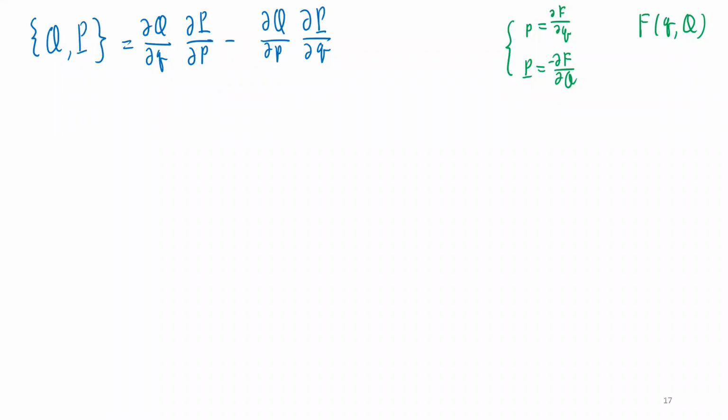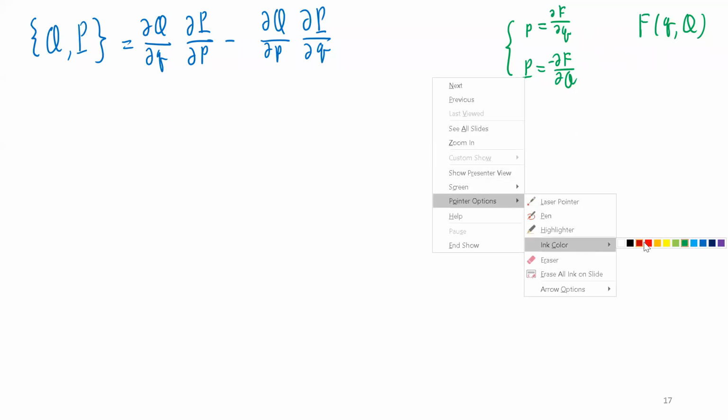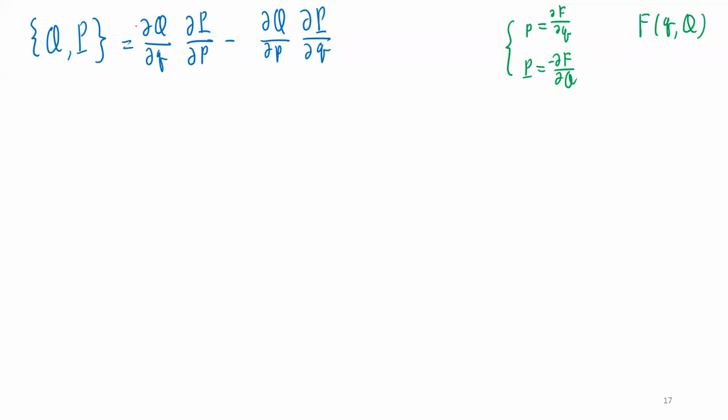Now I need to find the relation between these derivatives and what I have over here. First of all, because there are really different variables here, I want to remind ourselves what is being kept constant when we take the partial derivatives.